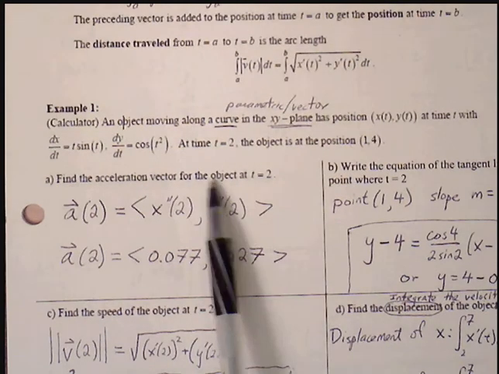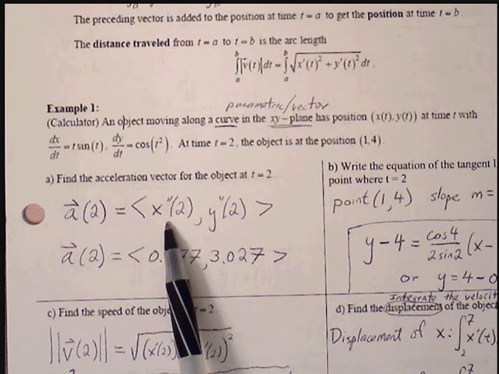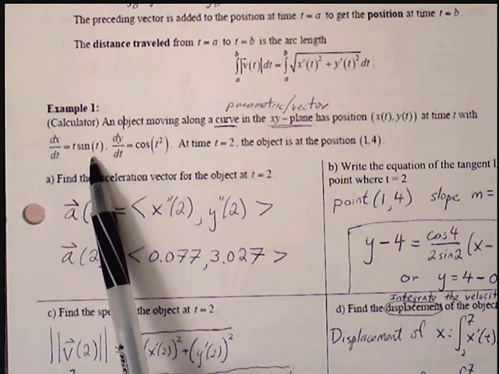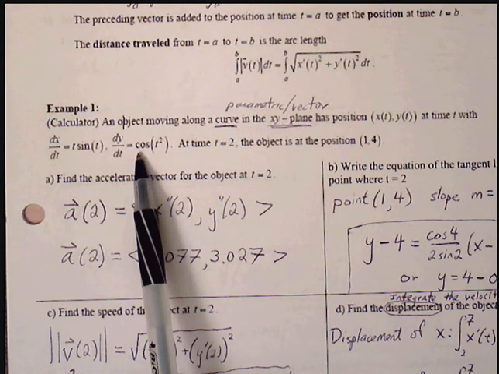So we can create our acceleration vector by finding the derivative of x prime of t and finding y double prime of t.